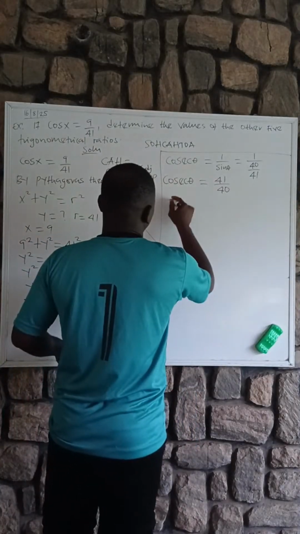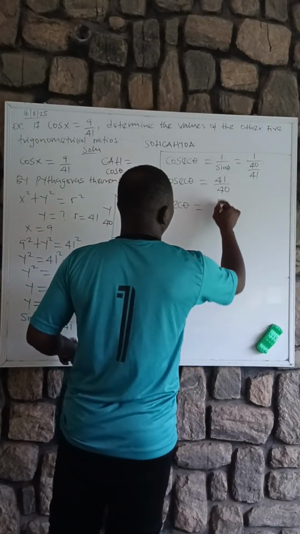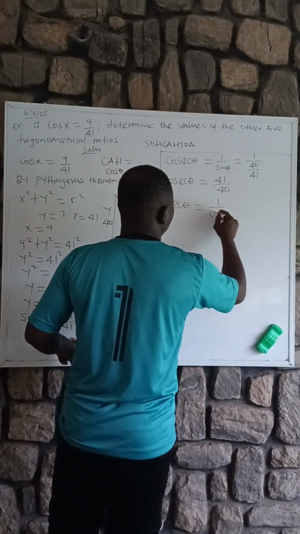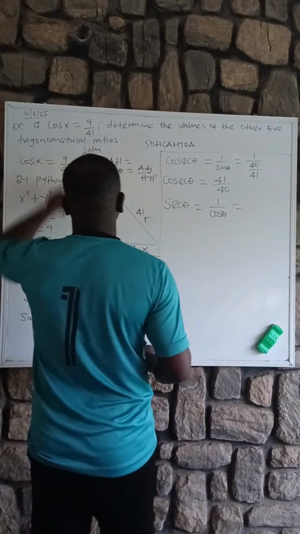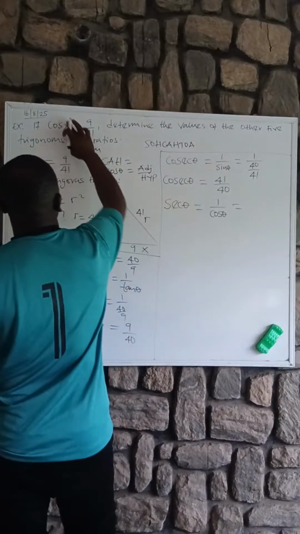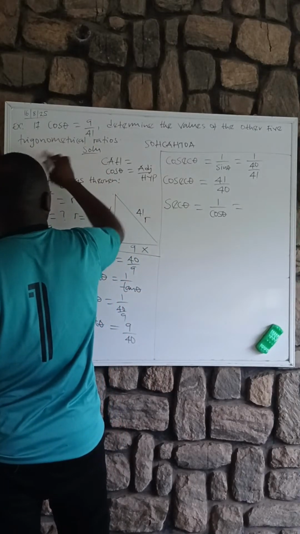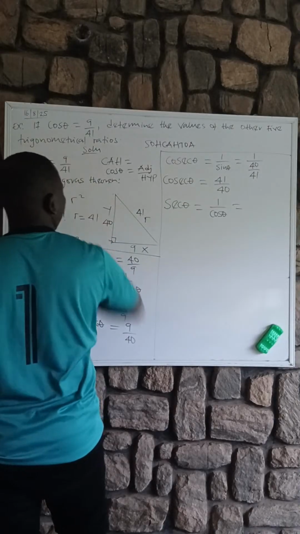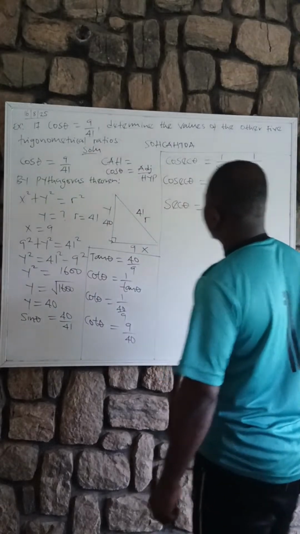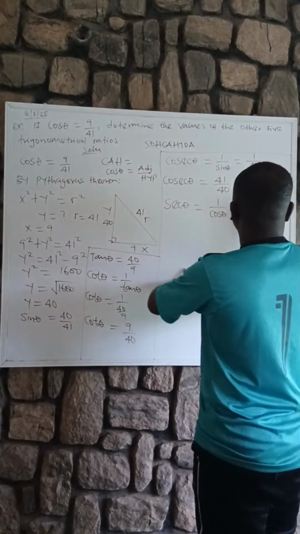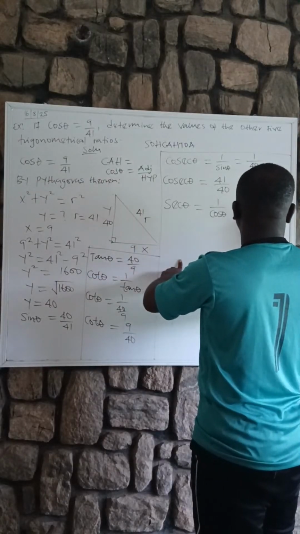Then sec theta is now equal to 1 all over cos theta. Then cos theta is given as, this is theta, not x. Change it to theta, please. Sorry about that. So cos theta is equal to 9 all over 41.